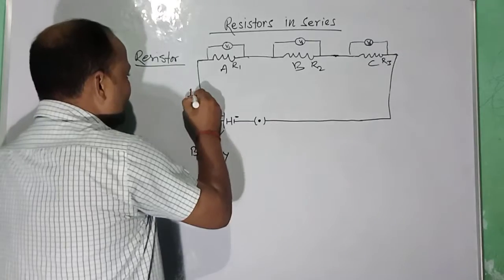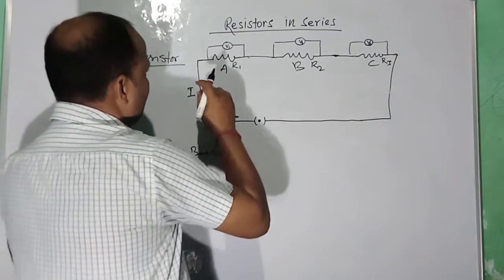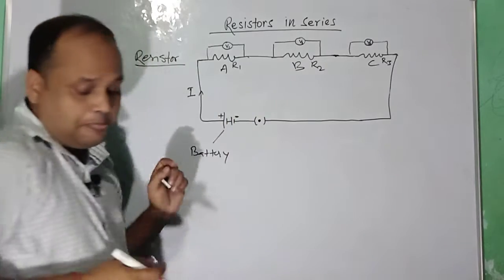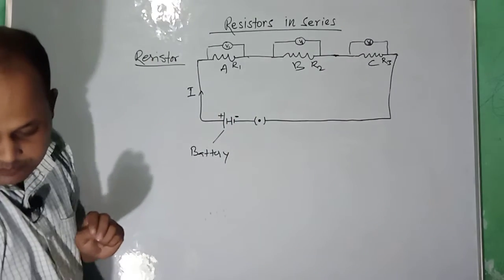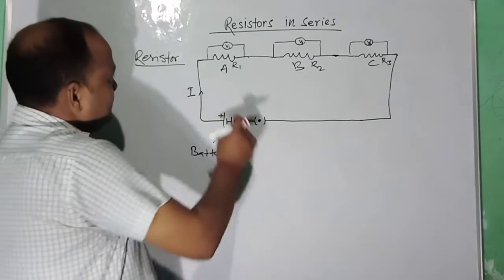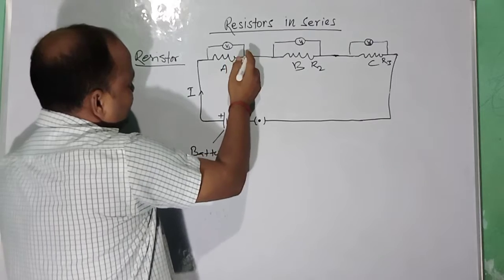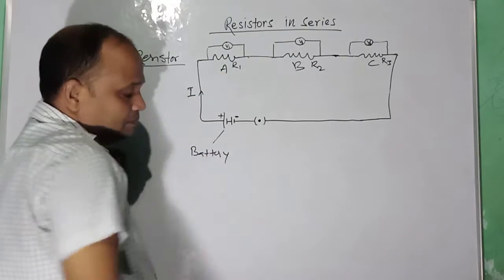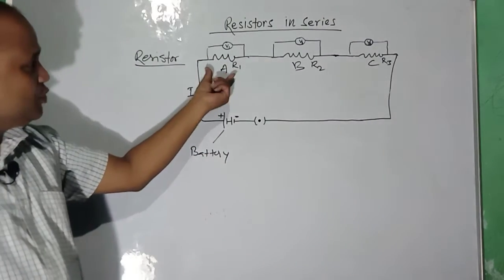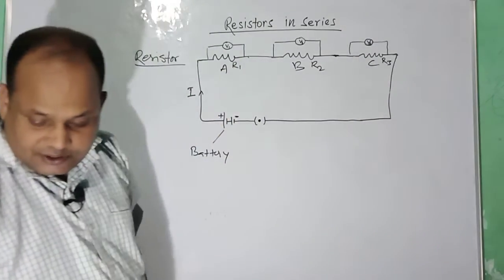Now the current I. So actually this I flows from here, passing through resistor 1, resistor 2 and resistor 3.